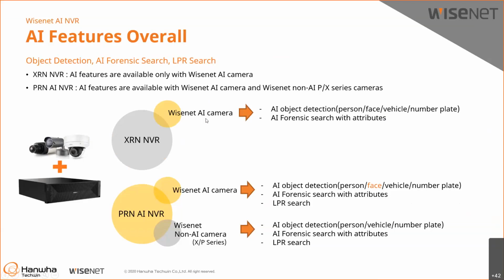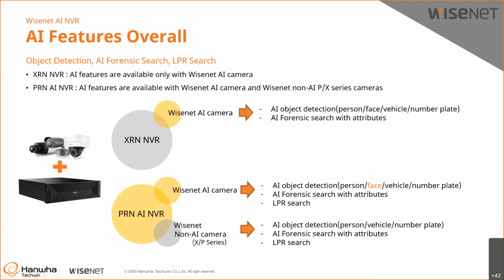So what you can do with the XRN with the AI camera is object detection, like person, face, vehicle, and number plate. And also you can do some forensic search with attributes. And with the PRN AI MVR, you can use the same AI object detection and forensic search and also LPR search with an AI camera.